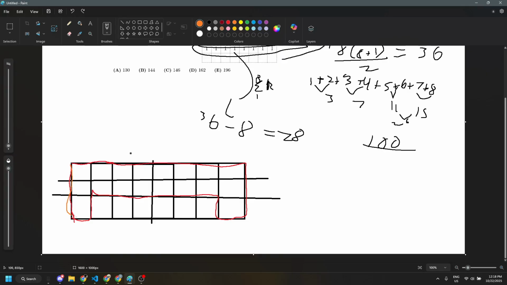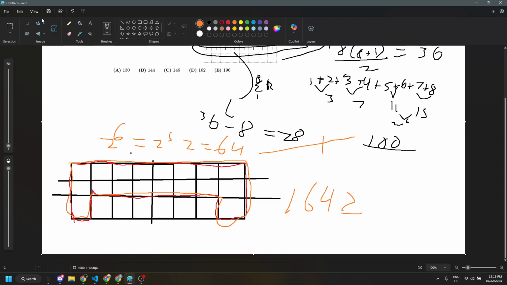I'm just gonna draw over it with orange. So 2 to the 6, because each of these can have either state of in it or out of it, is equal to 2 to the 5 times 2, which is 64. So if we have 100 and then we have 64 in addition to that, that's 164. So it's greater than or equal to 164.